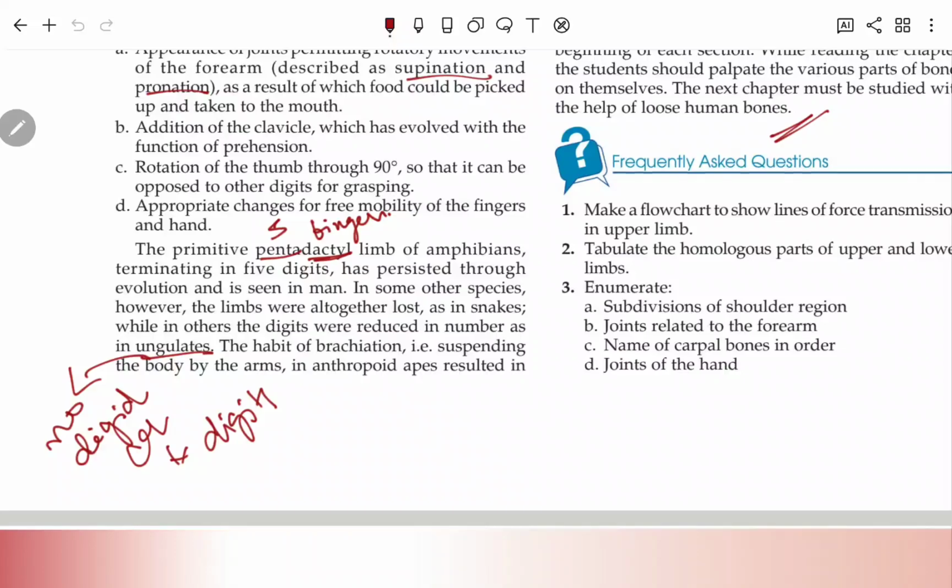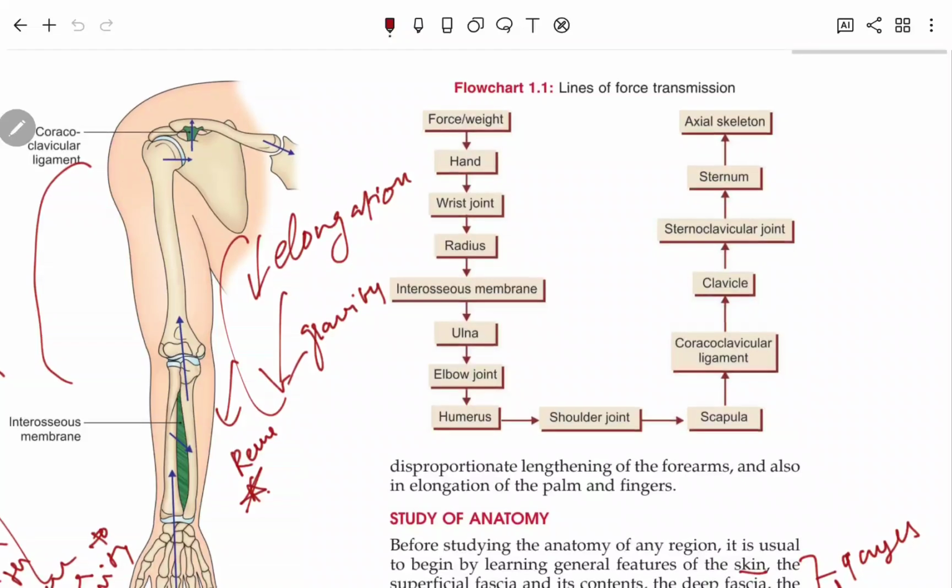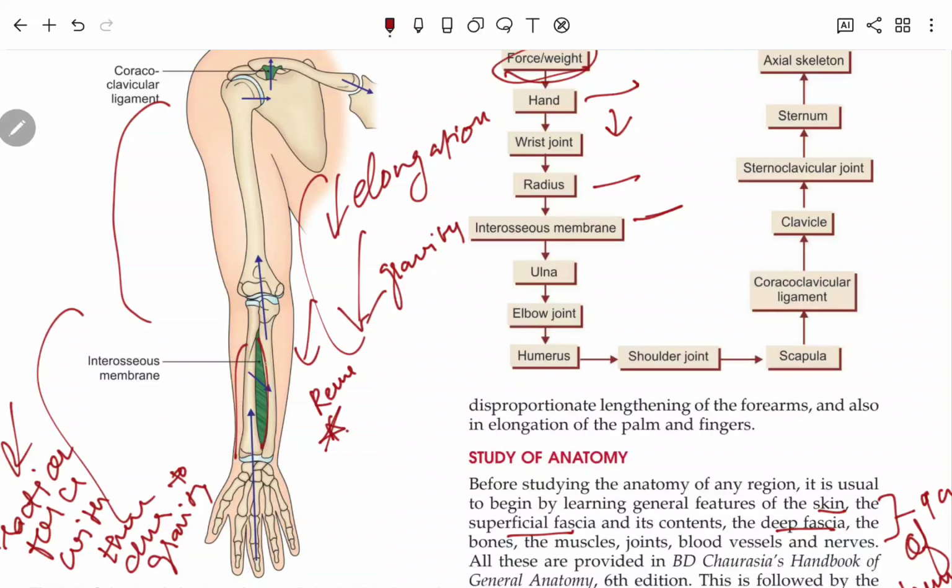We will continue this. Okay, this is the line of force transmission. Force or weight is borne on the hand, it goes to the wrist, then radius, then the interosseous membrane is present between radius and ulna, along which supination and pronation take place, which transmits the weight to the ulna, which goes to the elbow joint, then humerus, then shoulder joint, then scapula.